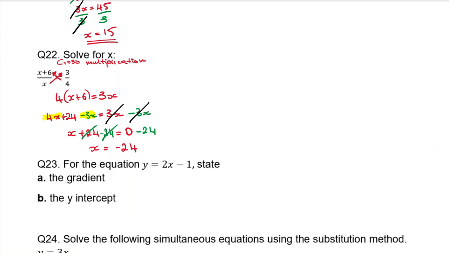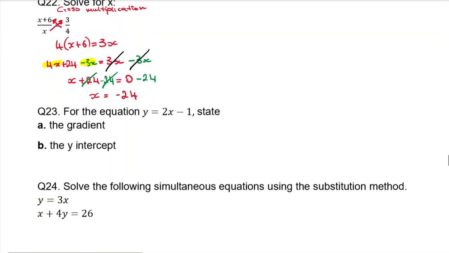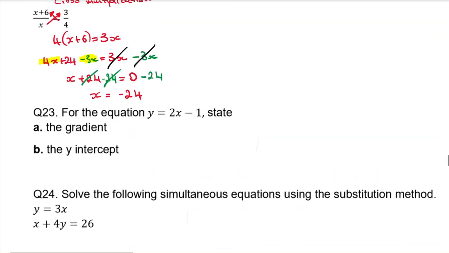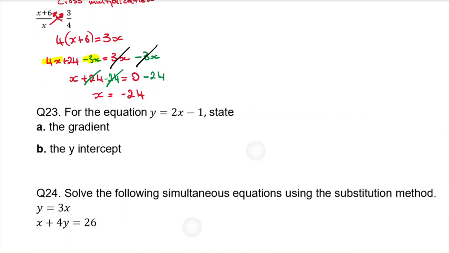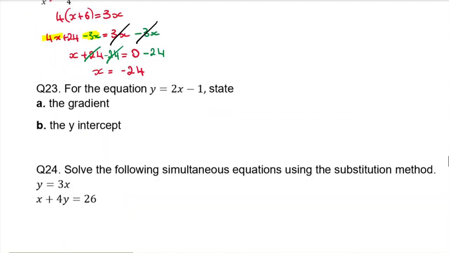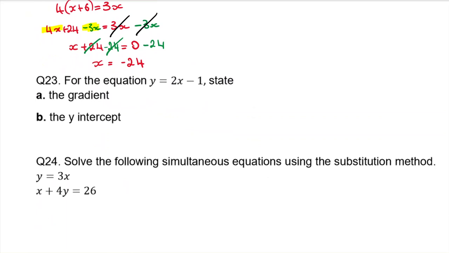Okay, for this last question, you've been given an equation and you've been asked for two things, the gradient and the y-intercept. So these are linear equations, that means they're a straight line graph.